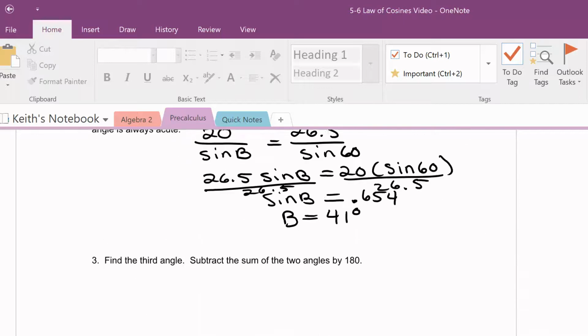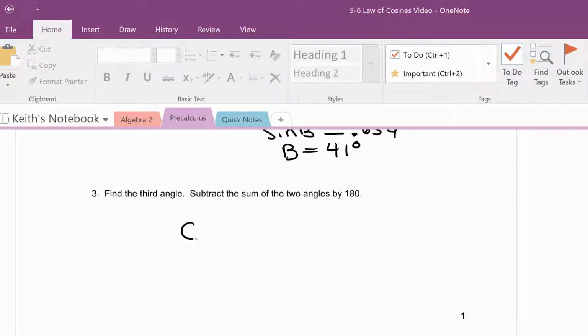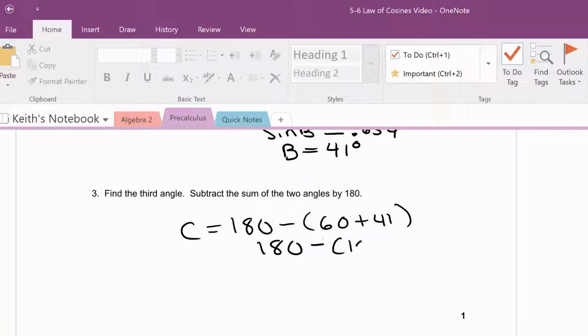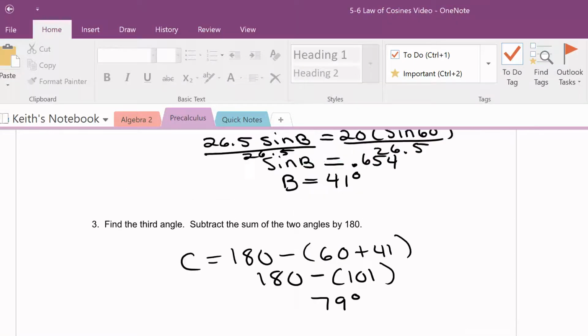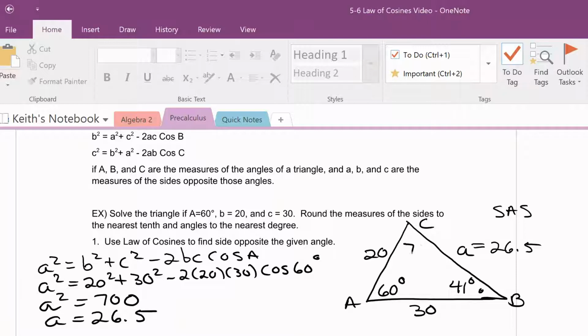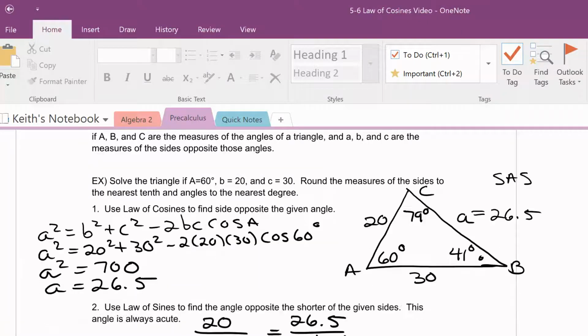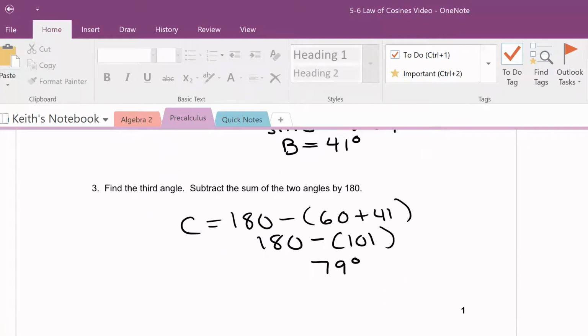Then to find angle C, you'll take 180 minus 60 plus 41. So 180 minus 101, 79 degrees. There you go. You've solved the triangle.